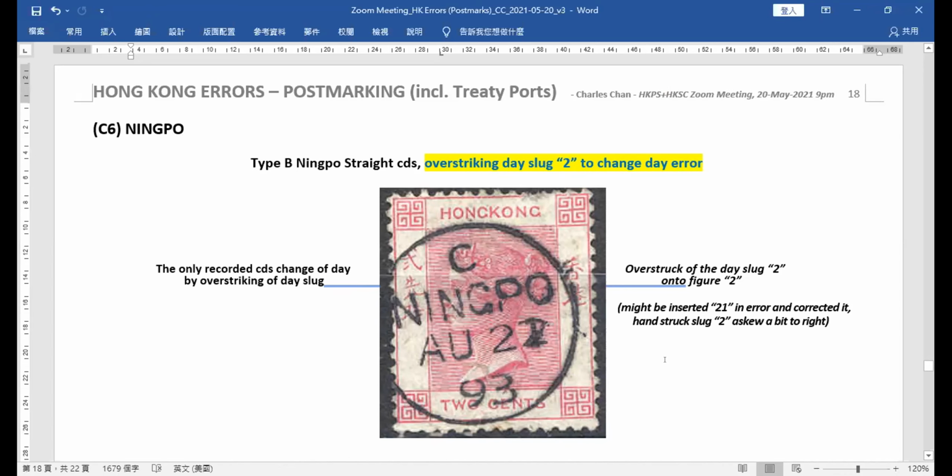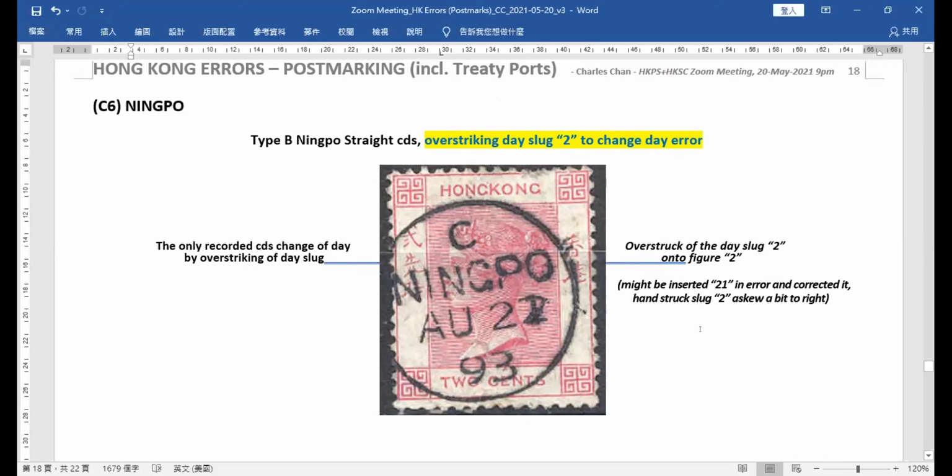I don't know why they did not just start to strike in that way. And it was struck quite heavily, as shown on the back of the stamps. Okay, I go next.